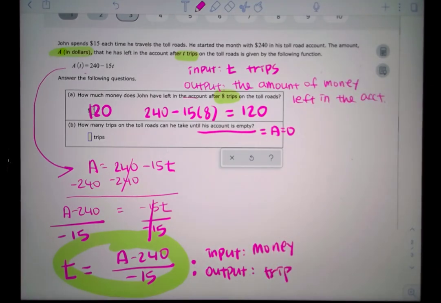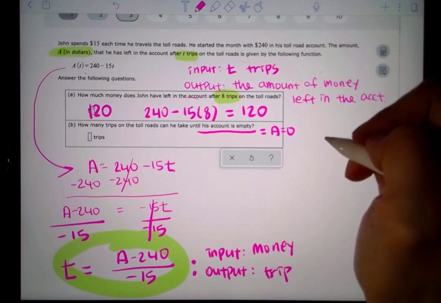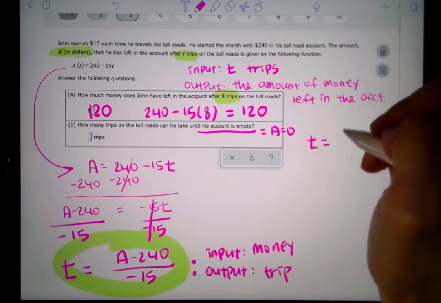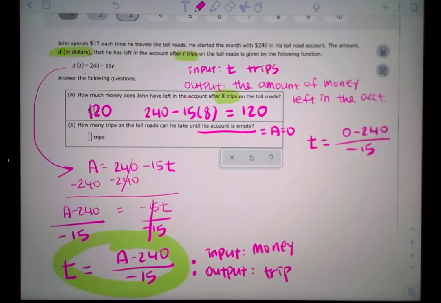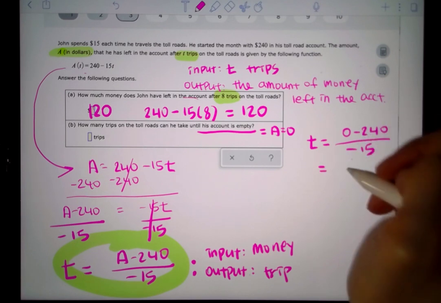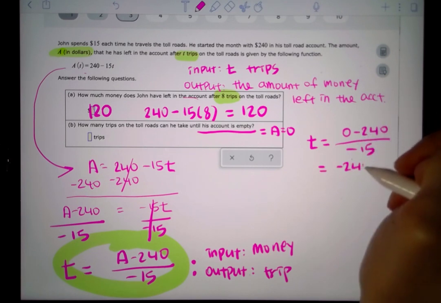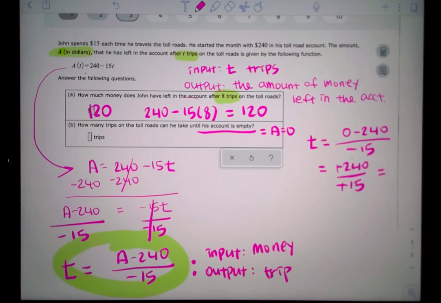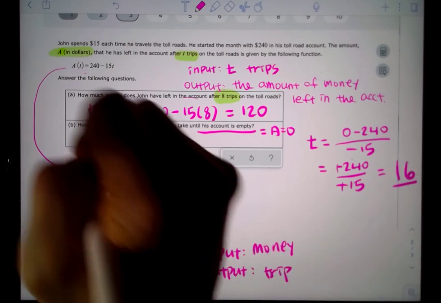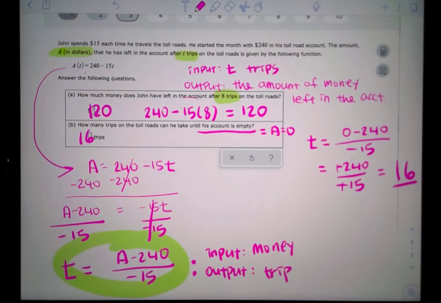So you put 0 into A, then you get T equals 0 minus 240 over negative 15, right? So all you need to do is negative 240 divided by negative 15. Cancel negatives, and you do 240 divided by 15, then you get 16. So 16 trips.